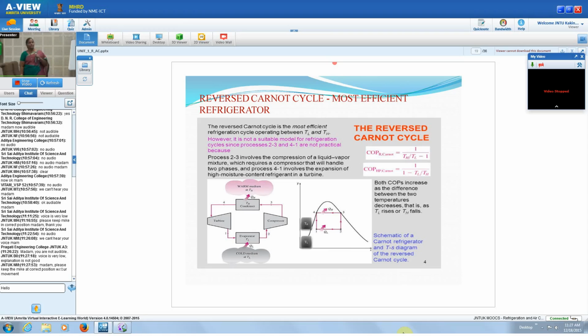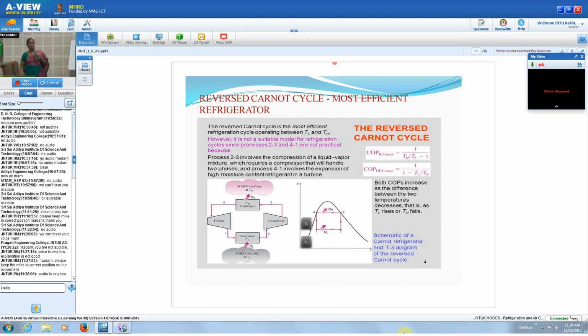Whereas the denominator is nothing but the work input. The work input is given by the area under the curve 1-2-3-4-1, which is represented by the difference between the two temperatures, TH minus TL, into (S2 minus S1).